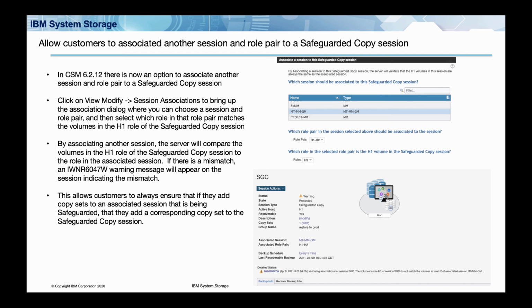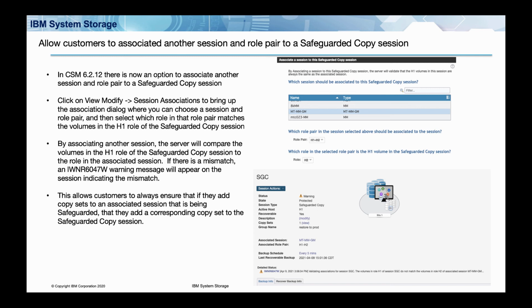So instead of implementing a full solution in one session type that included safeguarded copy, we created a safeguarded copy session and then allow you to, through say the scheduled tasks or other means, tie that to other sessions so that you can say take a safeguarded copy backup of your global mirror secondaries, or take a backup of your metro mirror primaries. Wherever you wanted, you could put it with this new session type.